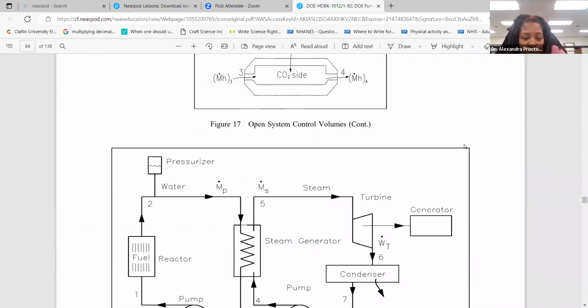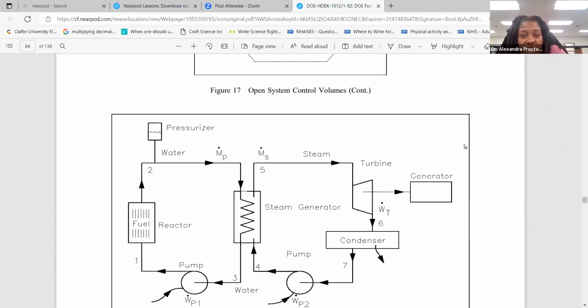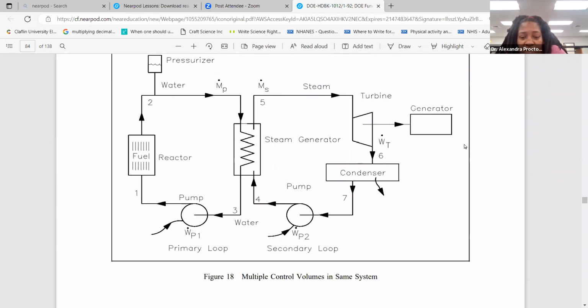This is another open system where you see that some mass is exchanged. Then they show you multiple control volumes within that same system. They're trying to show you how the fuel reactor, the steam generator, and the pump exchange energy between those systems.